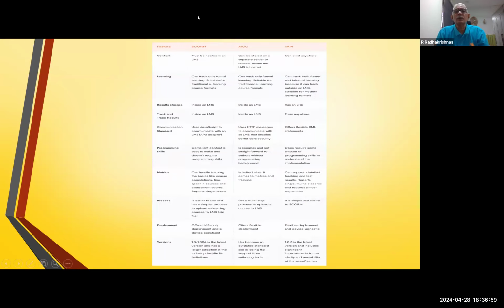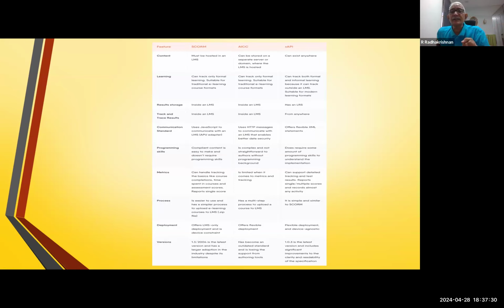You are looking at how the content is hosted in SCORM, AICC, and xAPI, and how learning compares. Result storage: AICC and SCORM store the results inside the learning management system, whereas xAPI stores them in a separate learning record store.